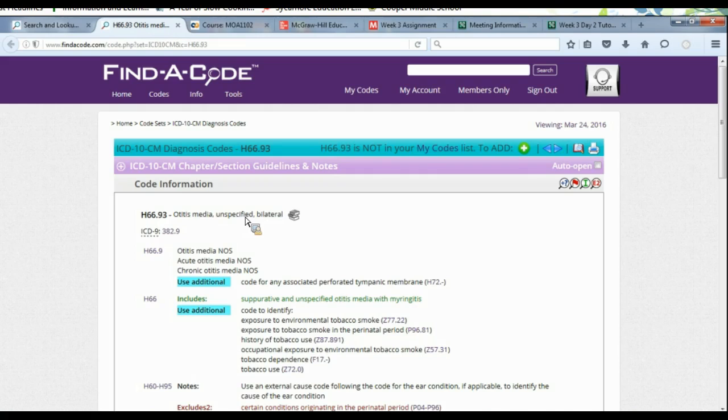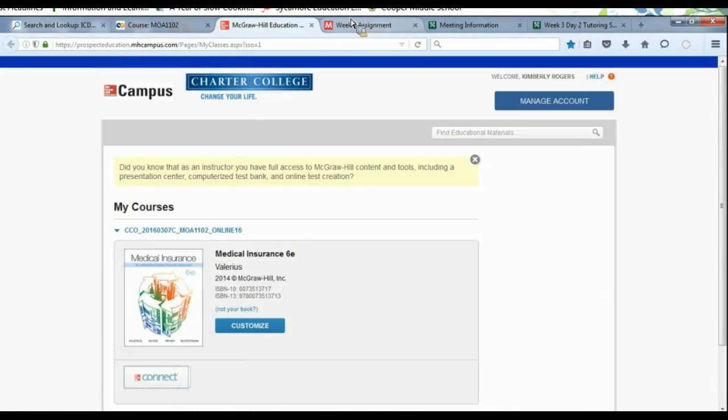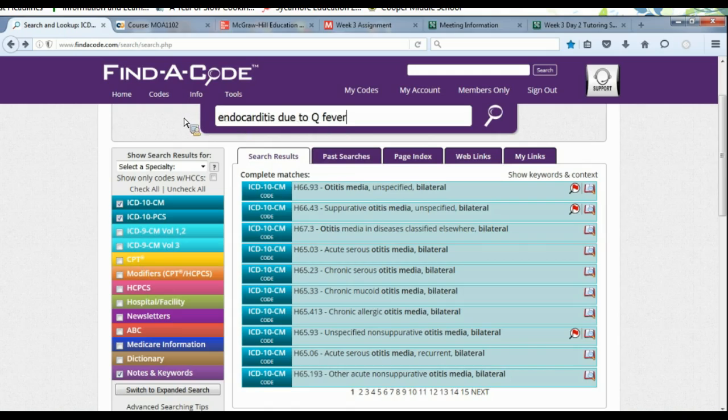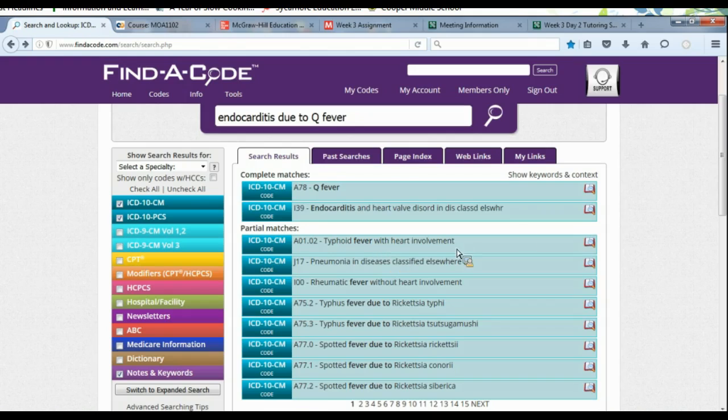All right? Our next one here, wrong page. Endocarditis due to Q fever. Okay, this is another 2 code one. Again, why? Because the patient has endocarditis due to Q fever. Okay, so let's go ahead and. Okay, now which 2 codes would you select for this one?